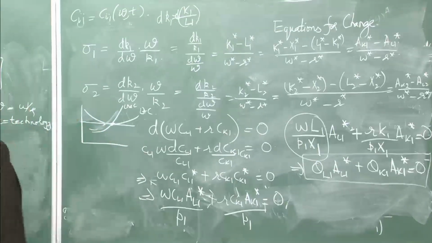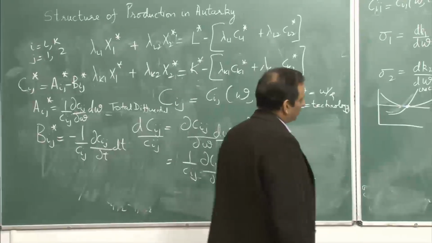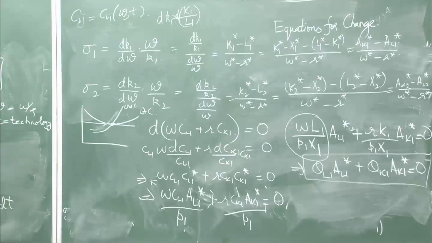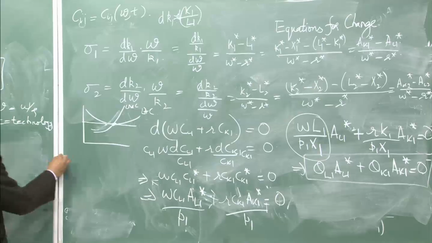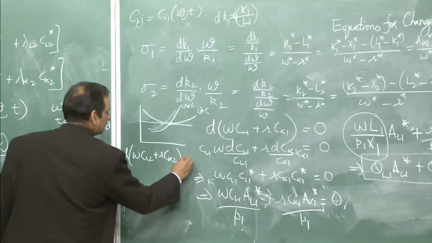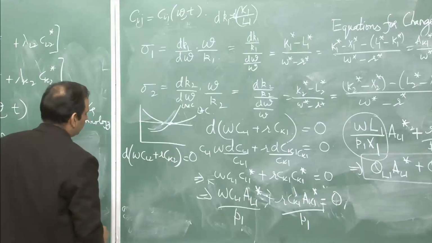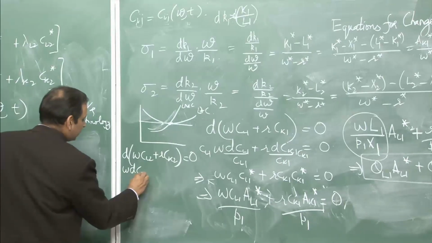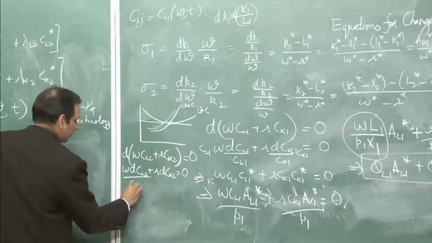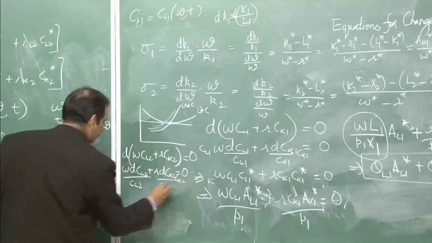Now, do a similar thing by minimizing the average cost of producing good 2. So, in that case W dCL2 plus R dCK2 is equal to 0. So, you will get W dCL2 plus R dCK2 equal to 0. So, CL2 CL2 star, CK2 CK2 star.